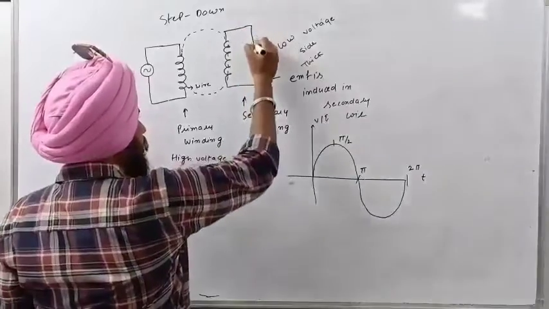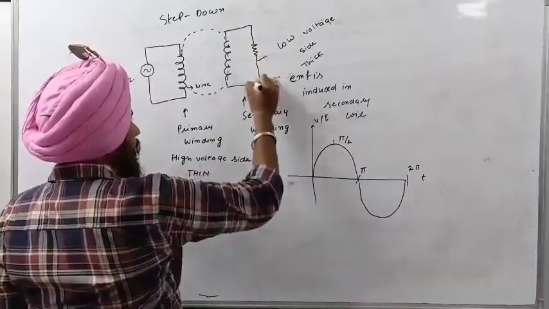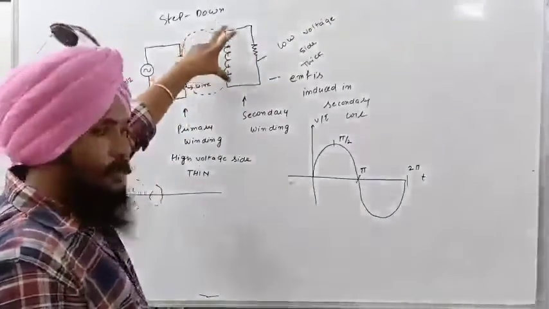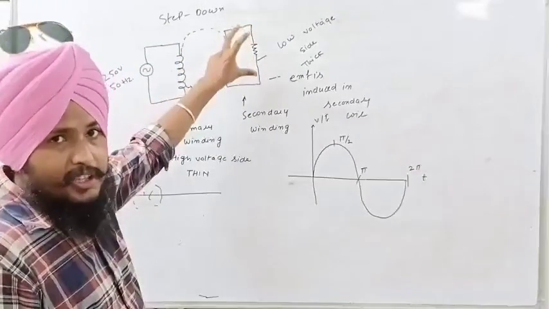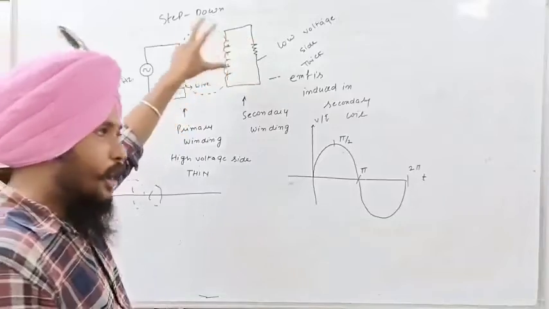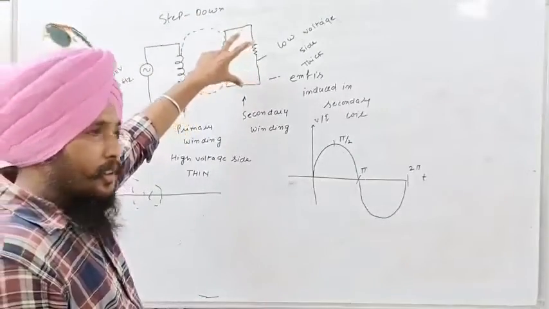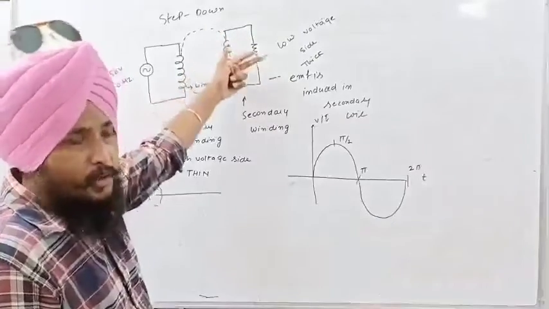One thing more, EMF will be induced only when the terminals of the secondary winding are short circuited. Without short circuiting, the EMF does not occur in this secondary coil.